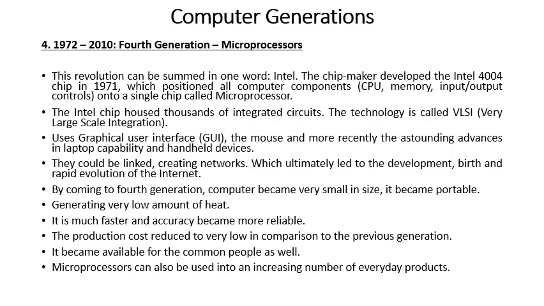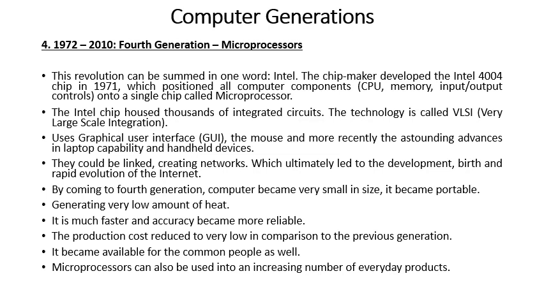The next generation is the fourth generation, from 1972 to 2010. Now this revolution can be summed up in one word: Intel. The Intel brand made the evolution in the generations of computers by developing the Intel 4004 chip in 1971, which positioned all computer components, that is CPU, memory, and input output controls, on a single chip called a microprocessor.